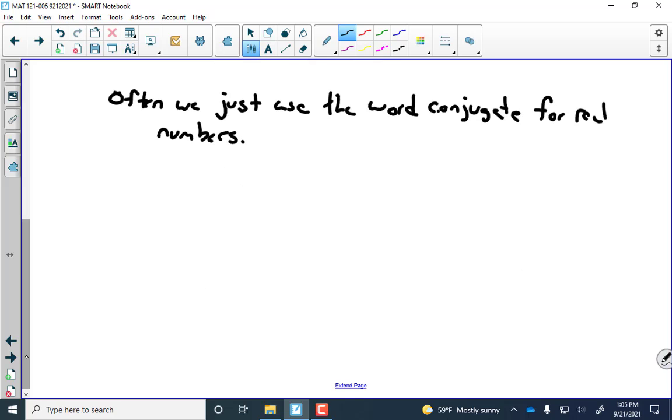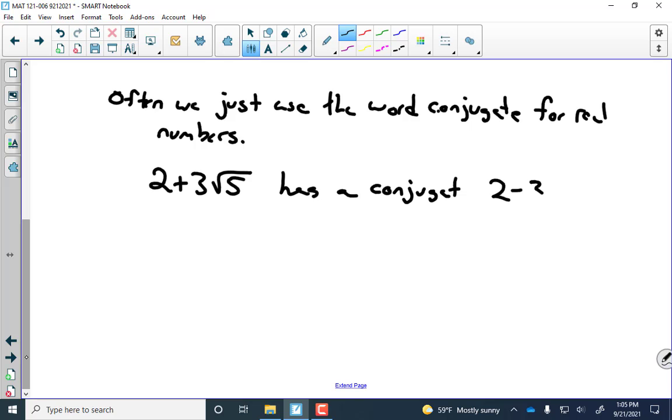So the mathematical statement that you might make is this. 2 plus 3 times the square root of 5 has a conjugate of 2 minus 3 times the square root of 5. That's how you use the word conjugate. 2 plus 3 times the square root of 5 has a conjugate of 2 minus 3 square root of 5.